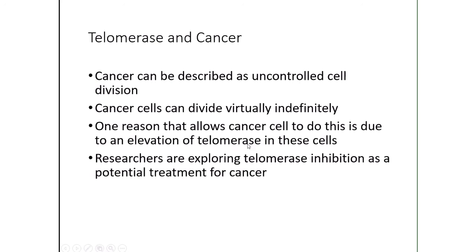Remember, you're not supposed to have telomerase except for germ cells, right? And stem cells. But in cancers, for some reason, they're able to reactivate telomerase, and so they are able to keep on dividing. In fact, if you look at cancer cells, the telomeres are much longer than those of regular cells. So researchers are trying to explore ways to inhibit telomerase in cancer cells as a potential cancer treatment.